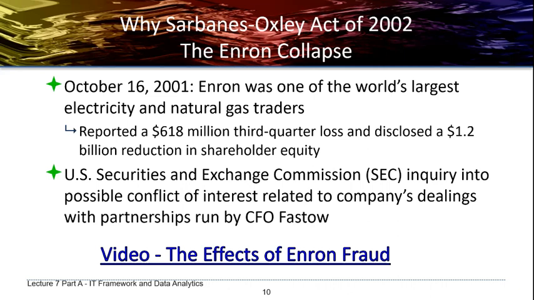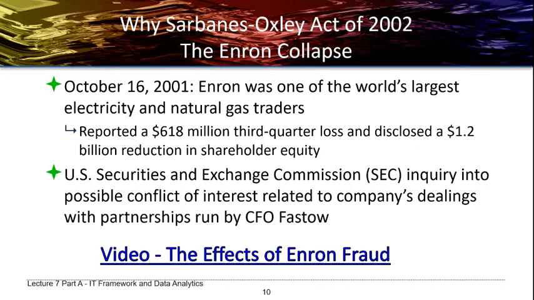The big energy giant in the United States, Enron, one of the world's largest electricity and natural gas traders, on October 16, 2001 reported a $618 million third quarter loss and suddenly disclosed a $1.2 billion reduction of shareholder equity. The US Securities and Exchange Commission inquired into a possible conflict of interest related to the company's dealings with partnerships run by the CFO, Fastow.